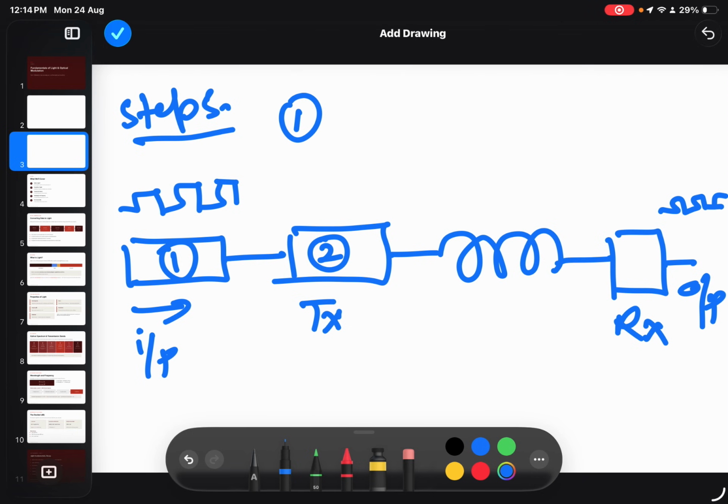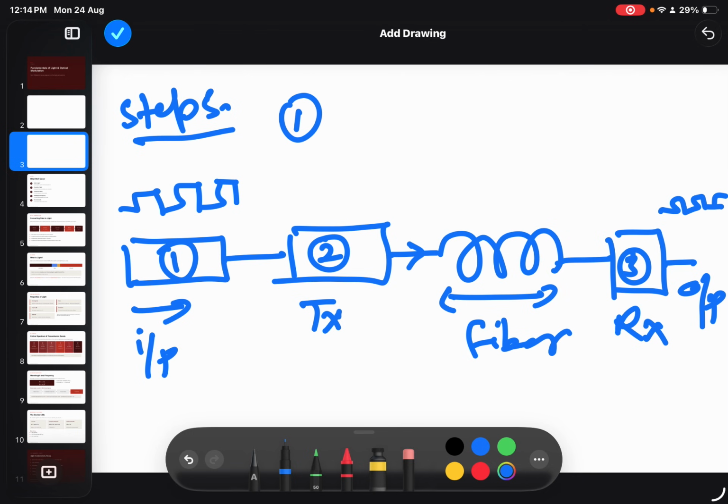Then it will be launched into your fiber optics. This is the fiber that is laid across the distance for the transmission. Next, the unit that we have is the receiver. The receiver receives the incoming light and converts it back into the electrical signal. So this is the whole process.